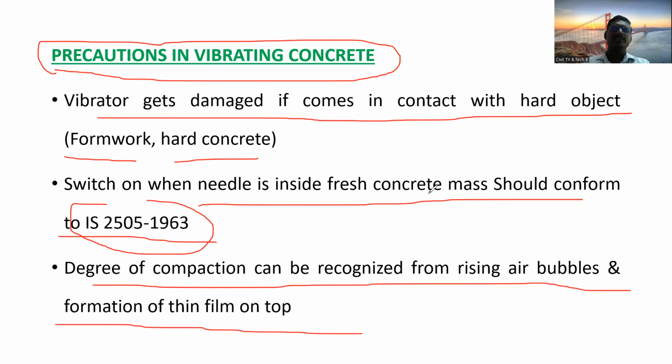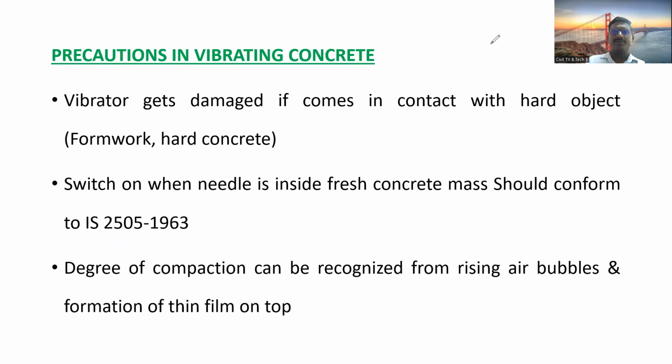Segregation is nothing but the aggregates and the slurry getting separated. So more vibration is not required, to avoid segregation. In this way, we can follow some precautions for using vibrators for the compaction of concrete.